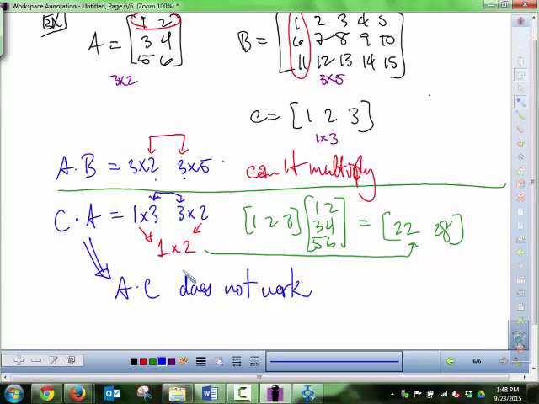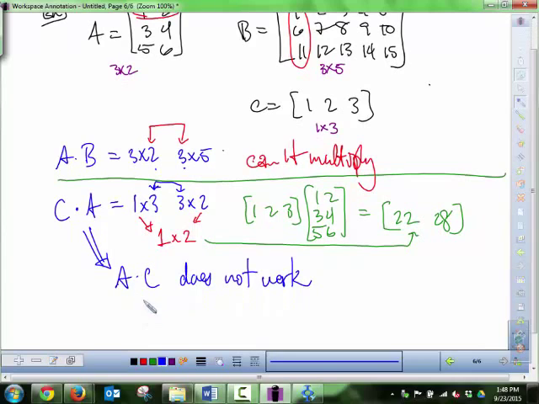Saying that something like this doesn't work is one thing, but saying that it's not commutative is something else. Because with square matrices, we can multiply them, but if we switch the order, we might get a different answer. And we'll see that in a few minutes.